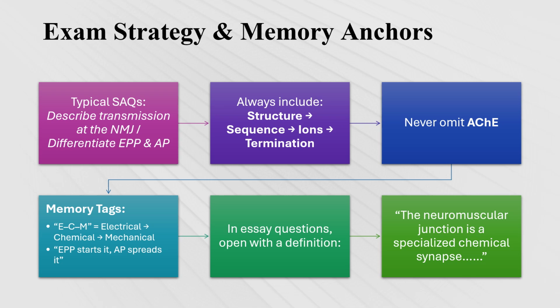This leads to release of acetylcholine and its binding to nicotinic receptors, the influx of sodium ions, the generation of an end plate potential, which leads to the muscle action potential, and finally contraction. Remember, follow this with acetylcholine is degraded by acetylcholinesterase.